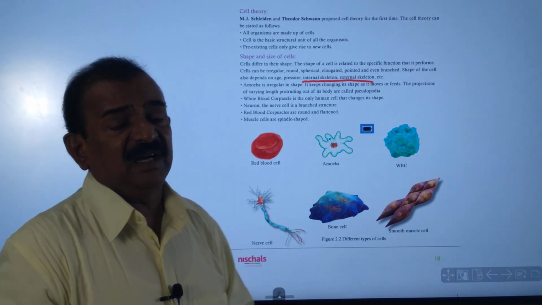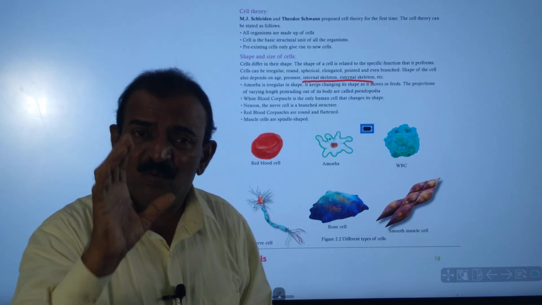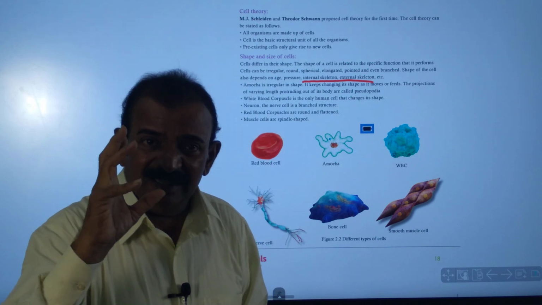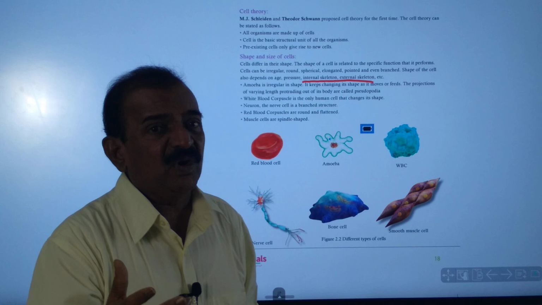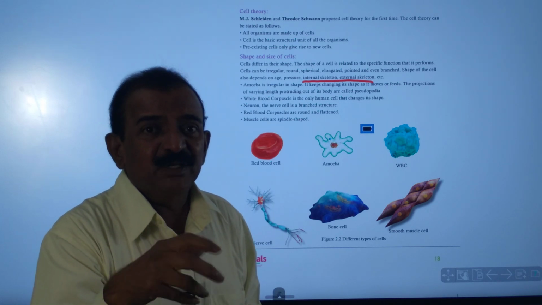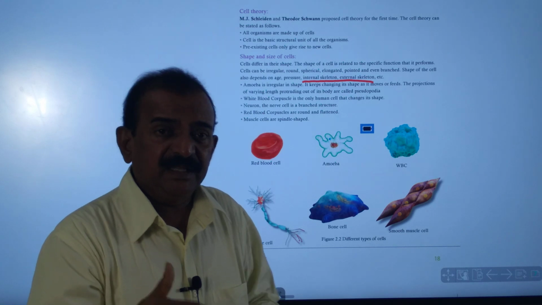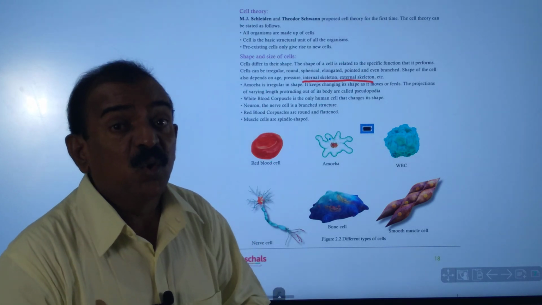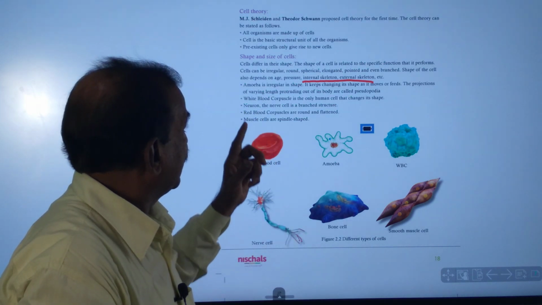Amoeba is a protozoan having only one cell, and it is irregular in shape. It does not have a fixed shape, and it produces pseudopodia. Pseudopodia are extensions of the cytoplasm, useful for locomotion and to capture food. So that is about amoeba.